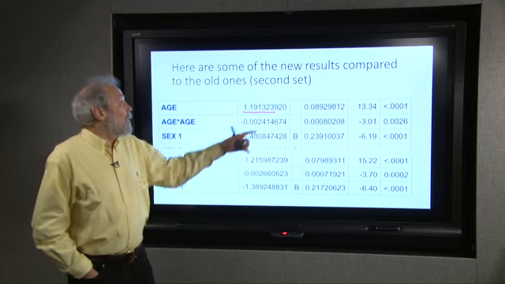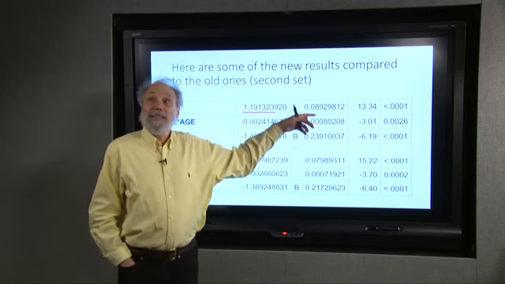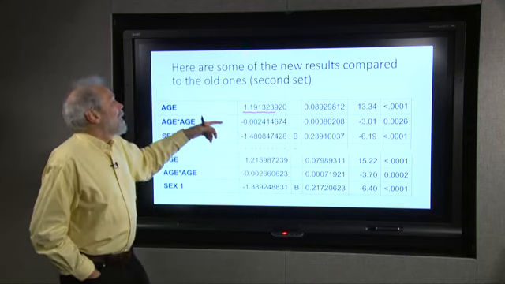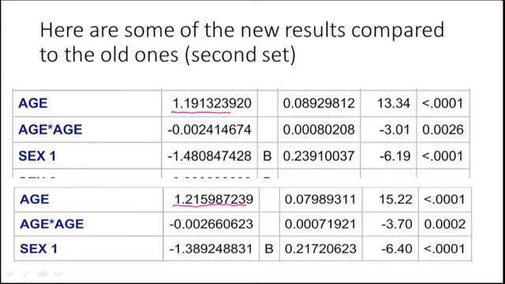So, you know, the confidence interval of this is going to be about plus or minus 0.2. And clearly, this is not different. And the same with these.